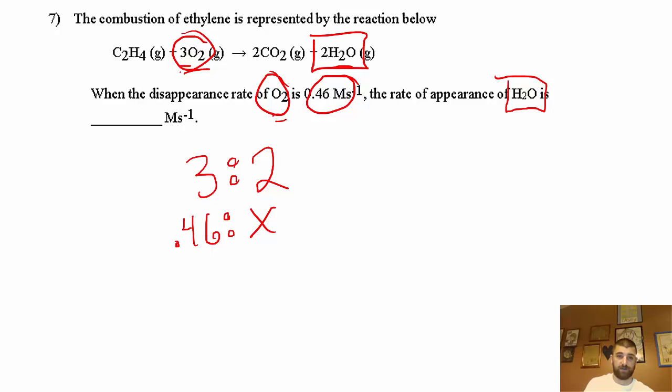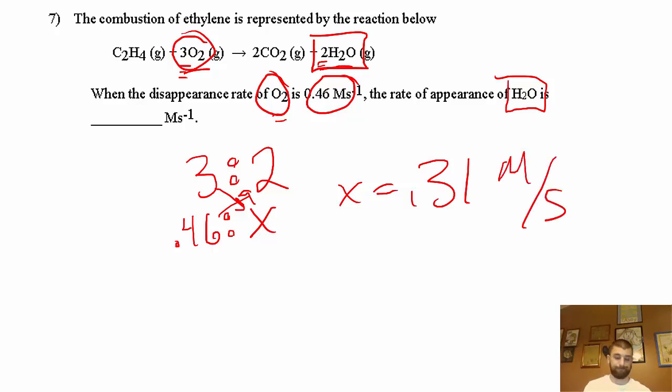Now, the 3 is saying for every 3 O2s you use up, you're making 2 H2Os. So the rates are going to follow that proportion as well. So now it's a matter of cross multiplying and dividing. And you get x equals 0.31 molar per second. All right, cool.